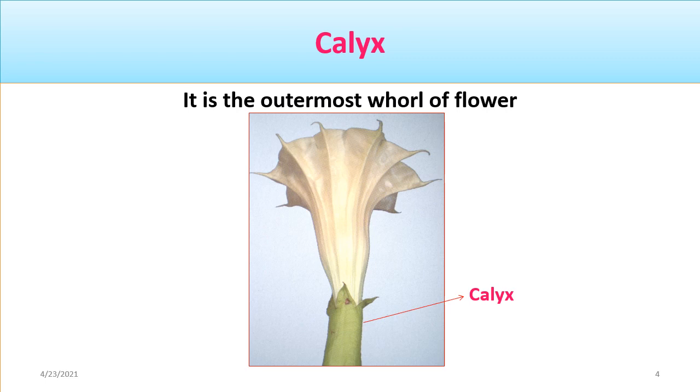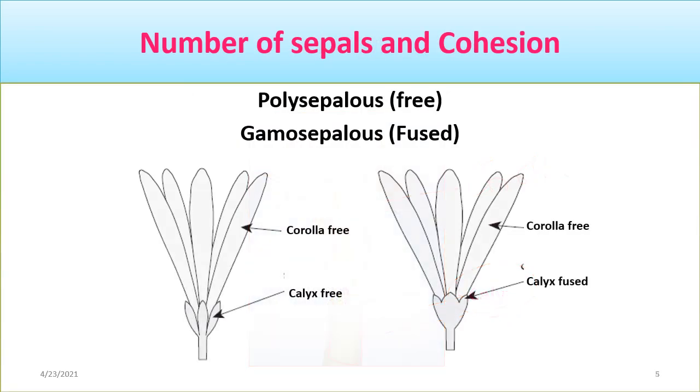If you look, this is actually the corolla, and this green part is the calyx, and now we will focus on this part. Cohesion of the calyx is of two types.